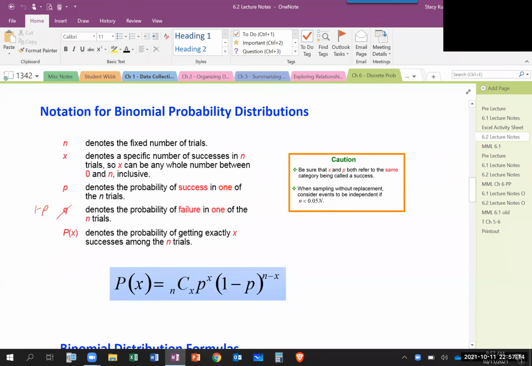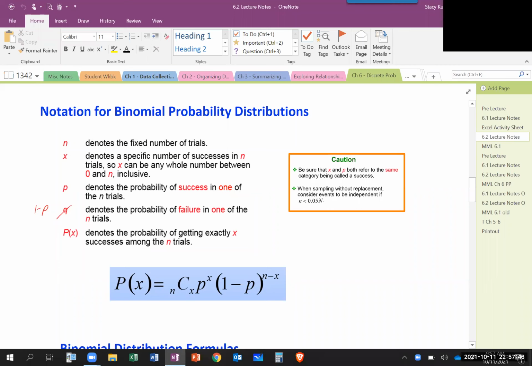So we are going to let little n, lowercase n, in this particular case denote those fixed number of trials, which we can see is going to be the sample size as well. X represents the number of successes in trials.